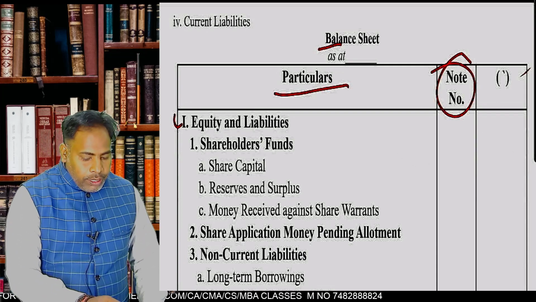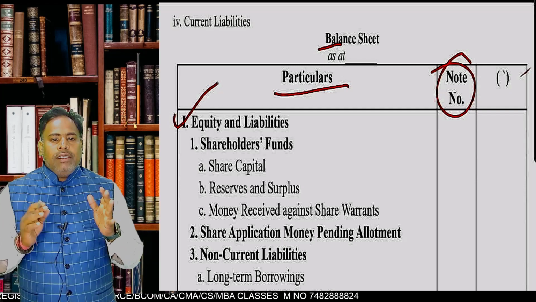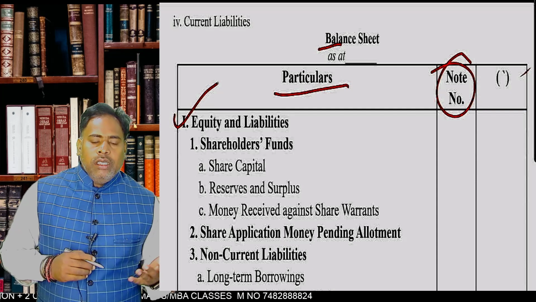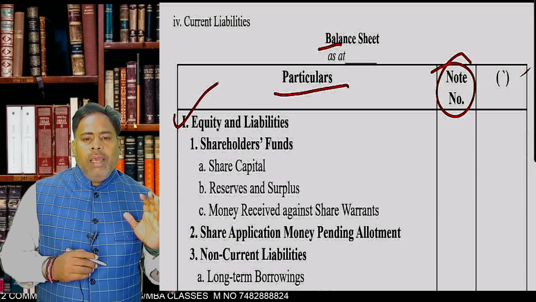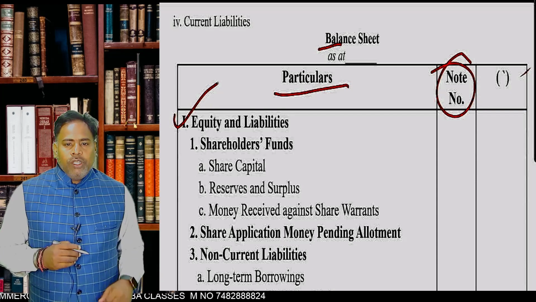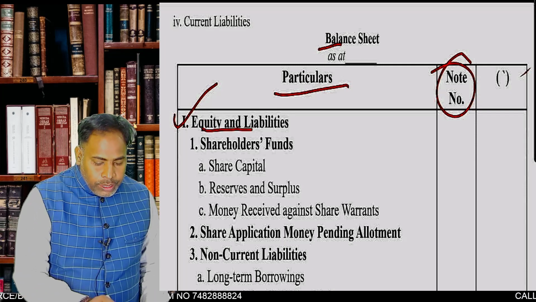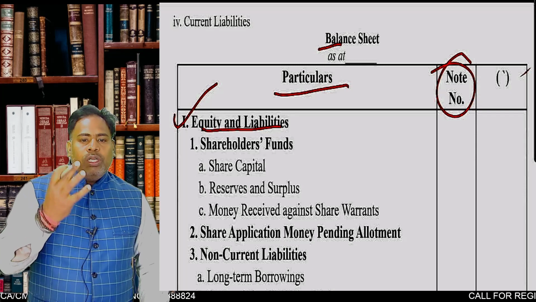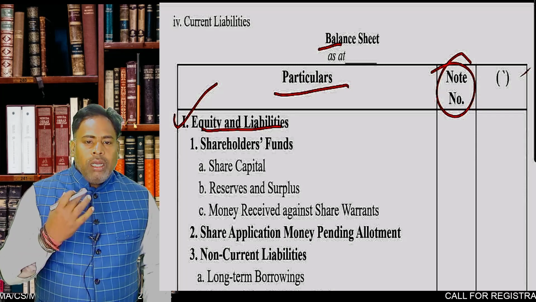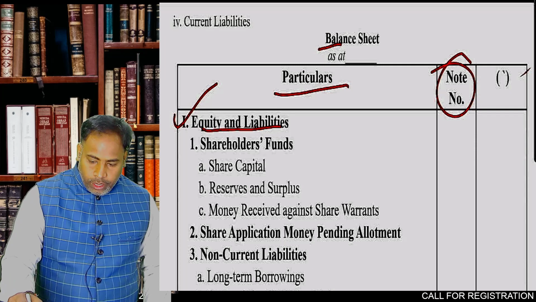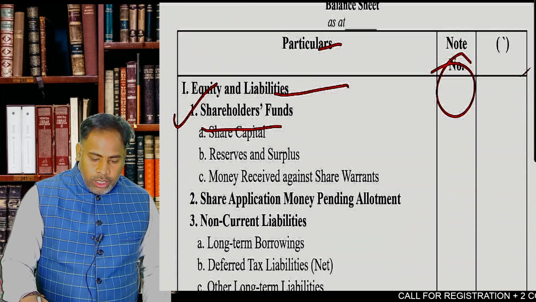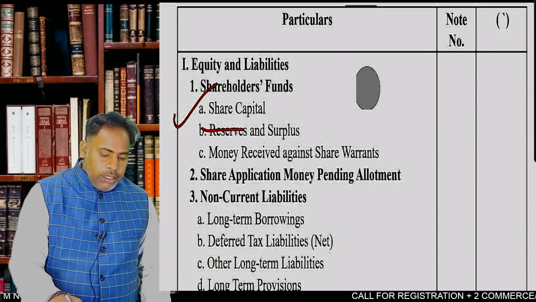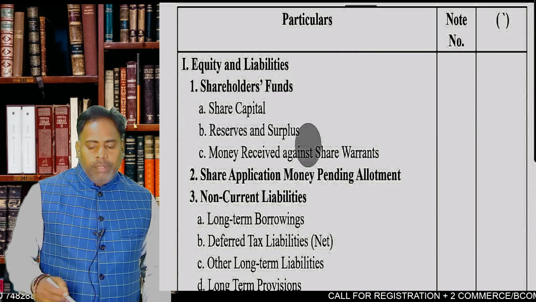In the balance sheet two parts are available: the asset side and the liability side. First we will talk about the liability side, which starts with equity and liabilities. What is equity? Equity means the amount invested by the shareholders in the business. These are the people who directly purchase the shares of the company and are the owners of the company.